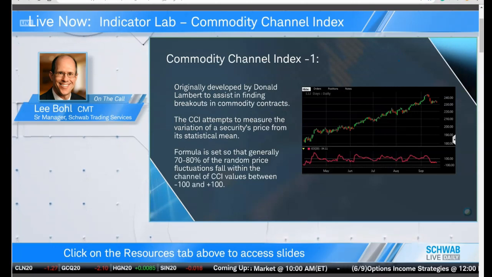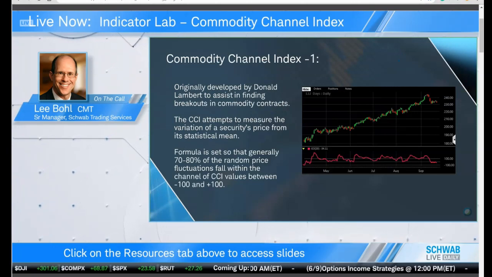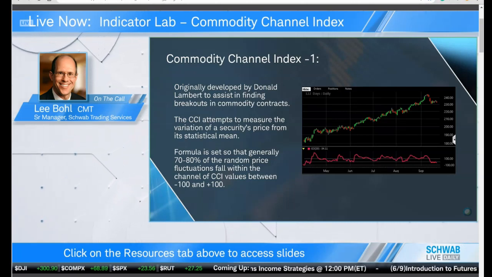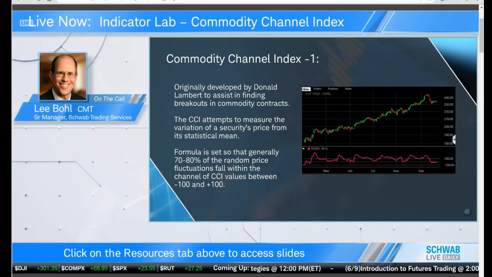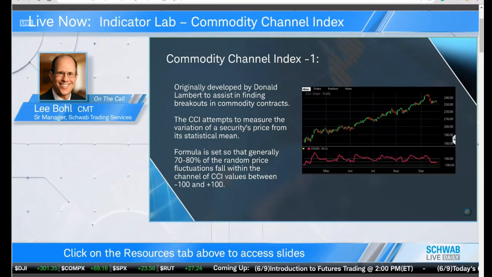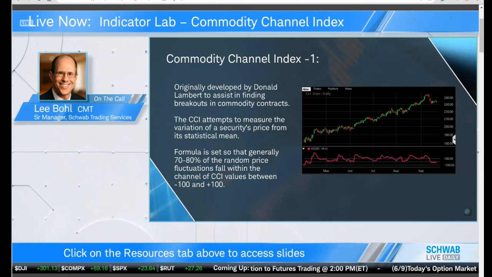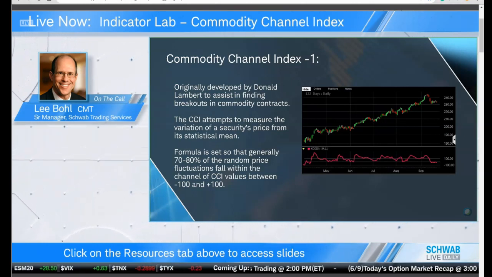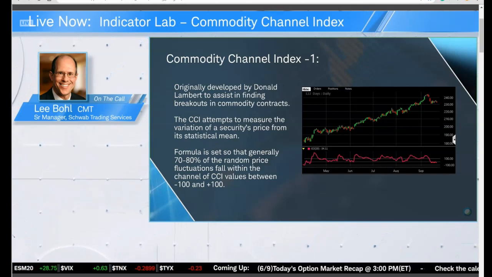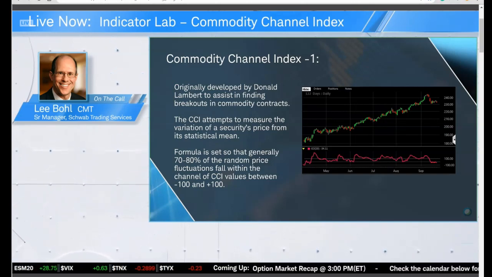All right, so this indicator was developed by a fellow named Donald Lambert in 1980. Donald Lambert was not a trader. Rather, he was a mathematician hired by a group of traders in Chicago to help them try to detect and trade breakouts in commodities futures contracts, hence the name Commodity Channel Index.